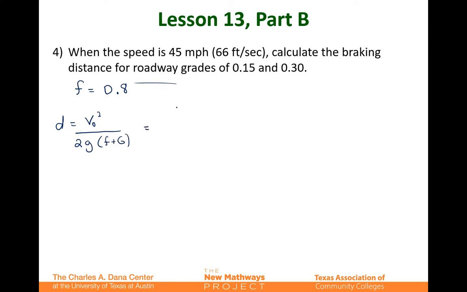So if we are going 66 feet per second, that's squared. G, if we're working in feet, is 32.2 feet per second squared. F was 0.8, and we're going to do it for 0.15. This is going to make the stopping distance shorter because we're going to have a better roadway grade.